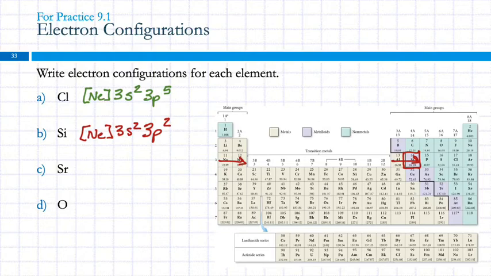Okay, strontium. Strontium is down here. Can't even make a square anymore. Just for practice, let's do the whole thing for strontium. Otherwise, that one ends up so easy. So if we're going to do the whole electron configuration, we start at the beginning, row 1, 1s2. We go to the second row, 2s2.